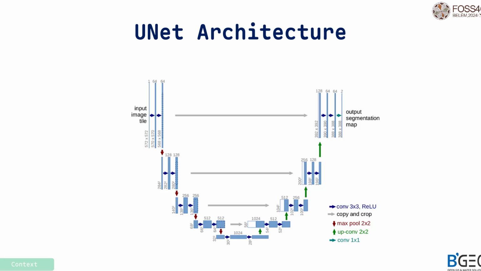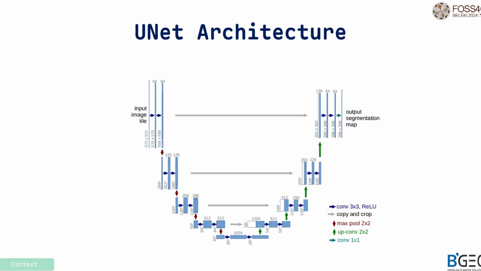You reduce the size while increasing the number of layers, until you get to a very small but large amount of images. And with that information, you then upscale it back until you get a full image, which, if we've done everything right, should contain this segmented data.